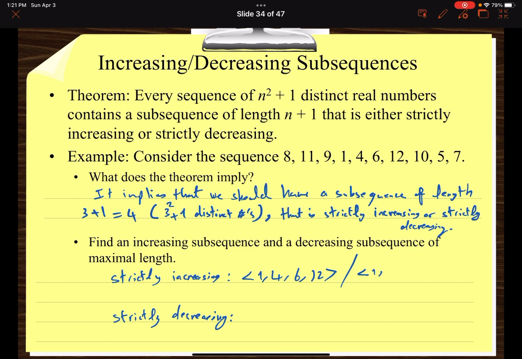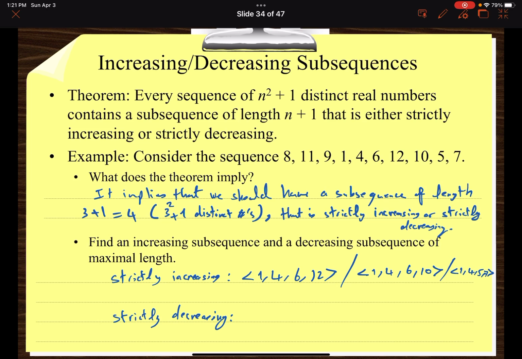Also 1 4 6 10. What about 1 4 5 7? All these are strictly increasing subsequences of length 4.